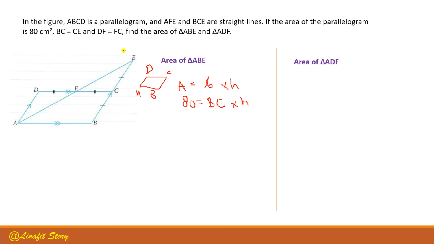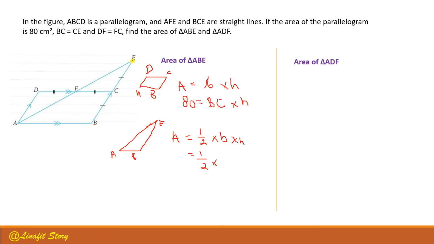And then to get the area of ABE, the area of a triangle is 1/2 times base times height. So 1/2 times, here is the base. The base is BE.